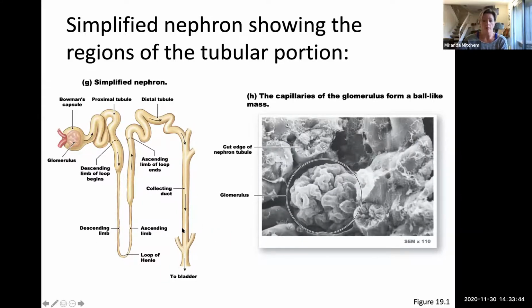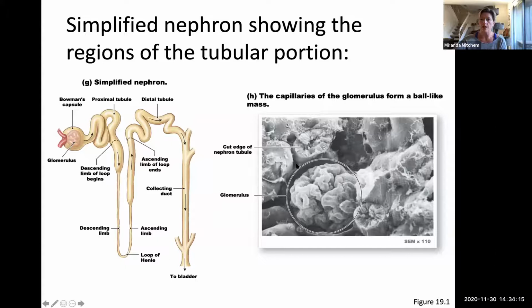Multiple nephrons will merge into the same collecting duct as a point to feed the material into the bladder. So the main sections of the nephron are the glomerulus surrounded with Bowman's capsule, and then we have the proximal tubule, the distal tubule, the loop of Henle with its descending and ascending limbs, and then finally the collecting duct.